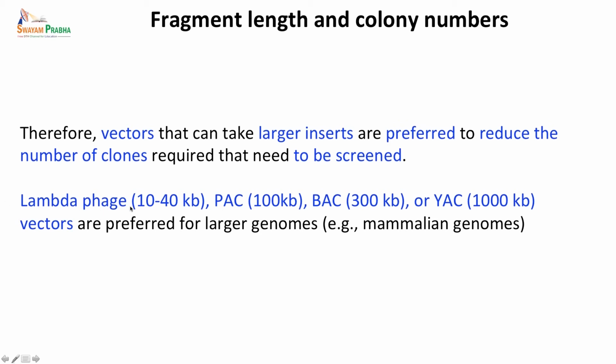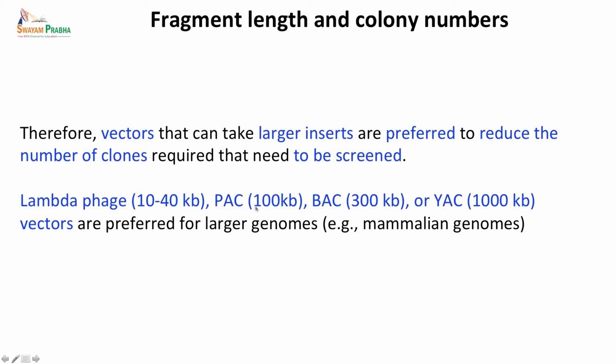But with increasing genome size, maybe you need better cloning vectors in order to reduce the number of clones that you need to screen. So you can use a P1 bacteriophage based vector, which is the P1 artificial chromosome or PAC vector.